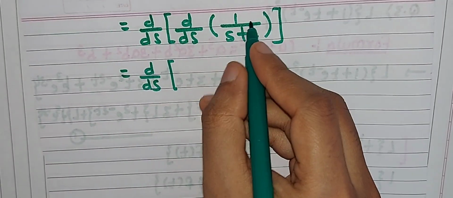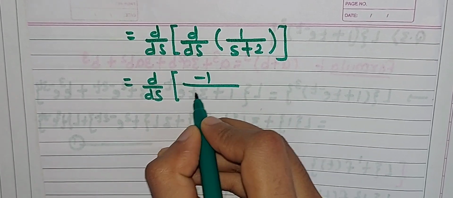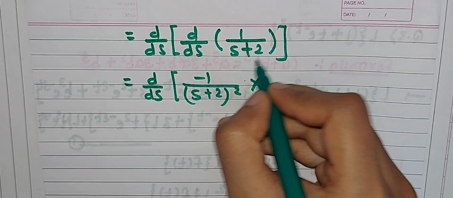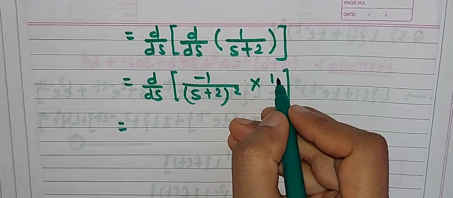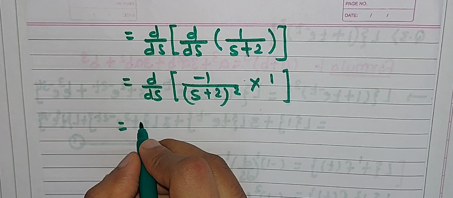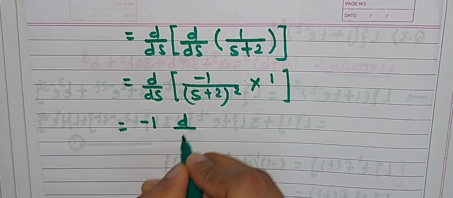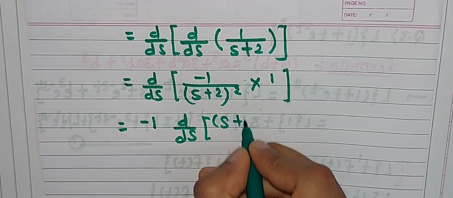Now apply the derivative on this function, then this will give us the answer minus 1 divided by (s plus 2) square into the derivative of this term, that is 1. Okay, so take this minus 1 into 1, this is a constant term, therefore take it outside of this derivative, and now apply this d by ds on this term, that is (s plus 2) raised to how much? minus 2.